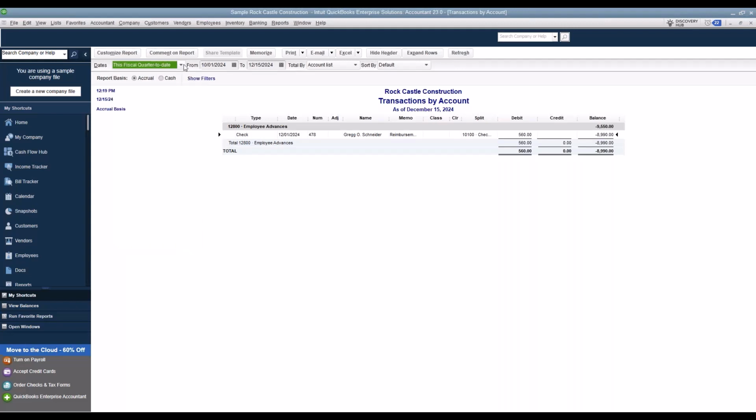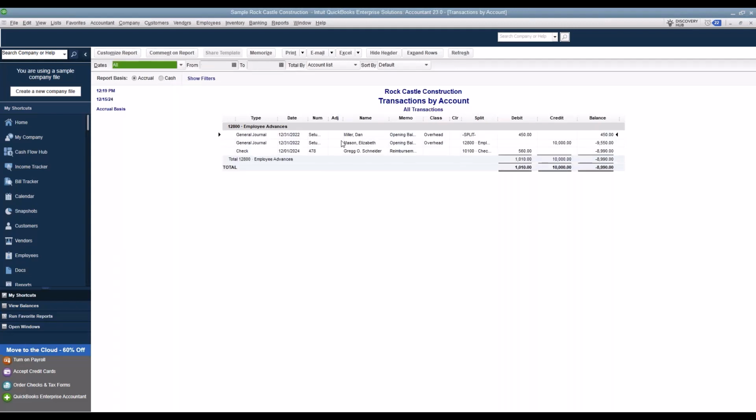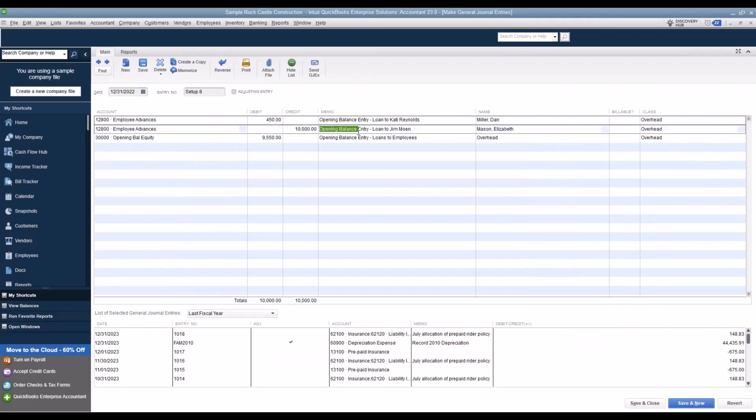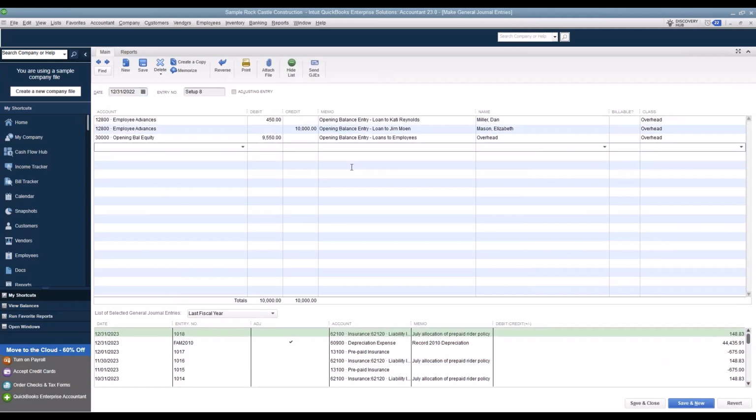So let's go ahead and change this to all dates. Oops, not today, all dates. And see what has happened. Well, you can see we put in 450 and took out 1,000, or we registered 450 and then offset it with this $10,000. Looking at this entry, we can see what's happened here.